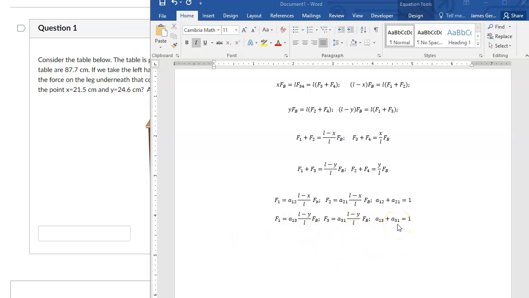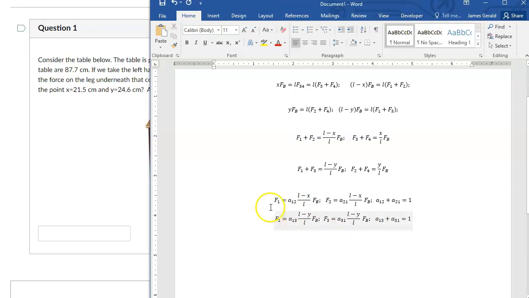Well, here we already have a clue, right? Because we've got F1 is something times L minus X over L times FB, and we've got F1 is something times L minus Y over L FB. So what if those somethings were A12 is L minus Y over L, and A13 is L minus X over L?